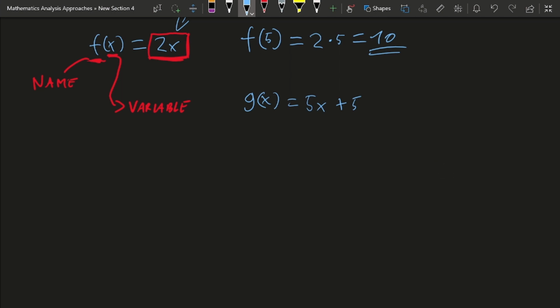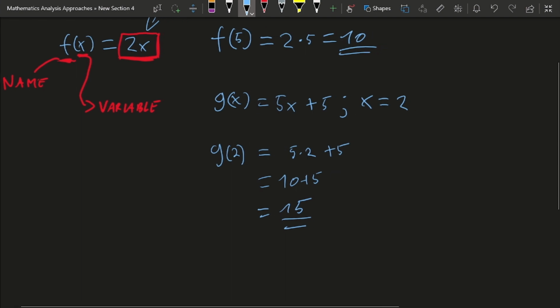So let's say that x is equal to 2. You can pause the video and try for yourself. But we're going to continue now. So g of 2 is equal to 5 times 2 plus 5. And this is equal to 10 plus 5 is equal to 15. There we go.